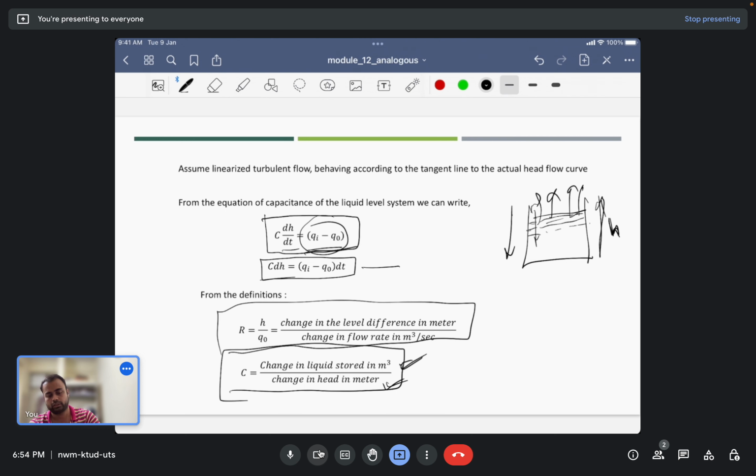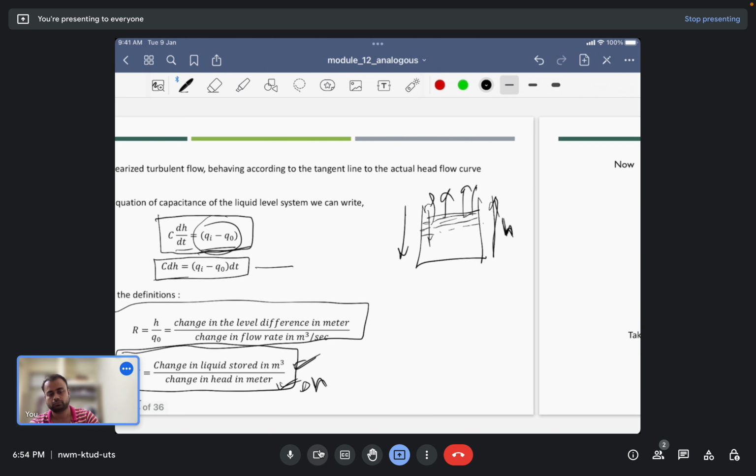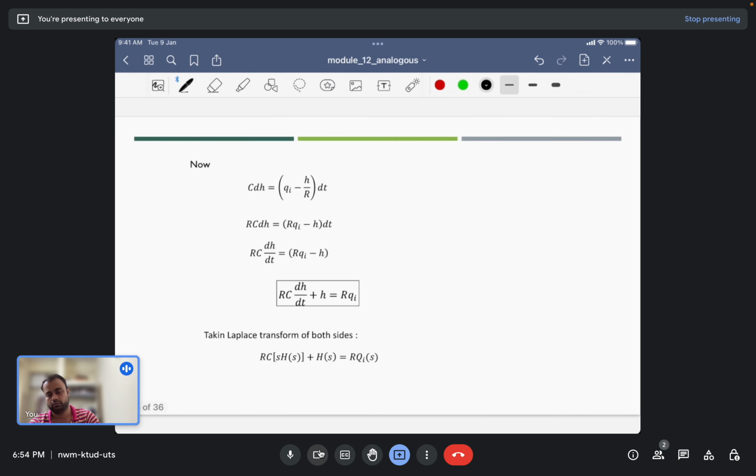So this is change in volume over delta h. Now we have already arrived at this equation: C times dh is equal to the difference in the head, (Qi minus h by R) dt. From this we can simplify and write the equation.